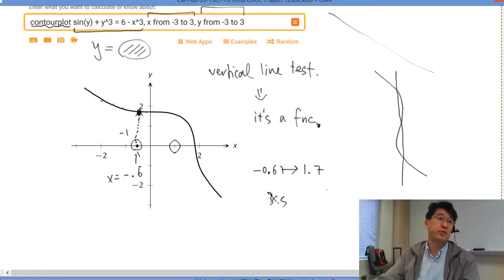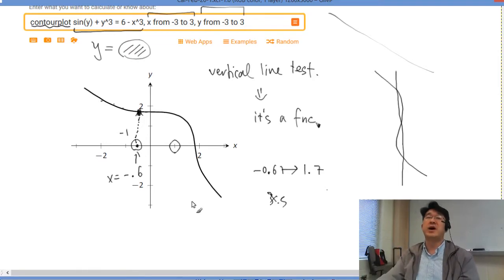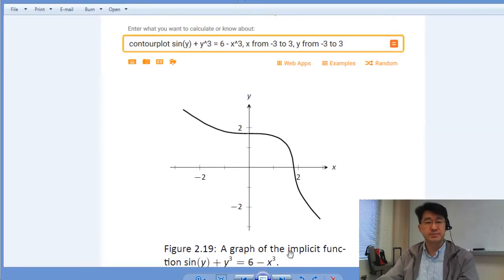The mathematicians have a way of arguing that it is not possible to do so using sine and cosine and radical symbol and the notation we have. So the function is out there, but we do not have sufficient notation to describe this function. Fair enough? But still mathematicians like to say the function is defined. We just do not have an exact formula. Fair enough?